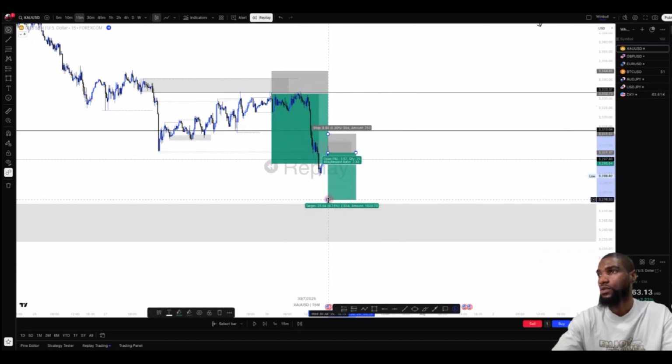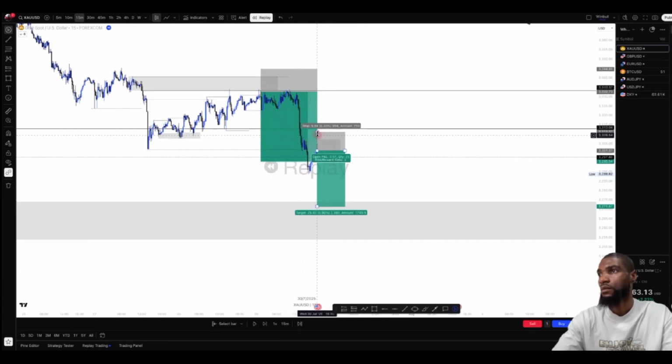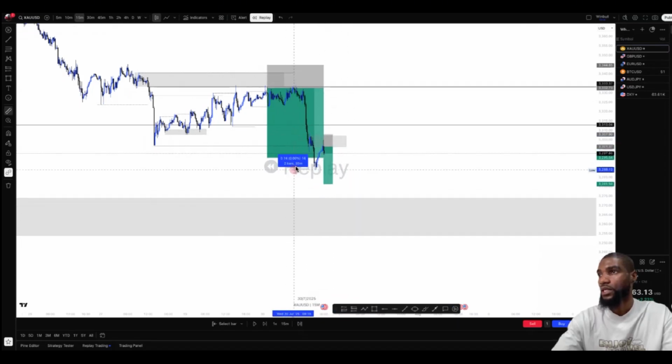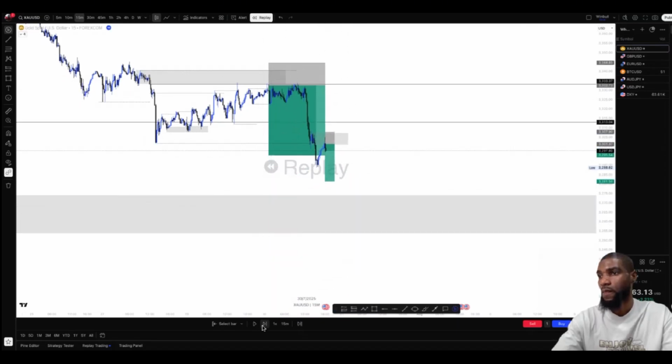That's 1:3. My stop loss was very, very tight though. I did 1:3 here. So you can see I'm following structure, not going against. You can see how it hits the target.